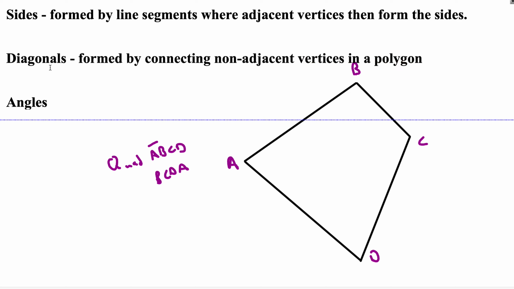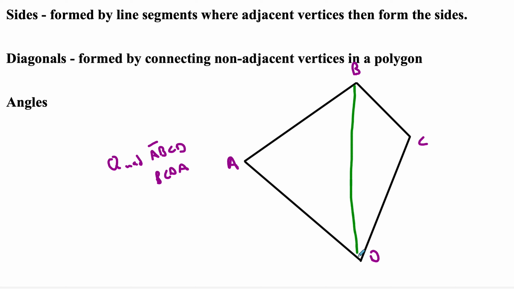Now, I say polygon because it works for any size, many-sided figures, but in particular, when we talk about quadrilaterals, for instance, if AB is a side and BC is a side, then we know that if we were to connect B to D, let's try that again, BD is a diagonal.